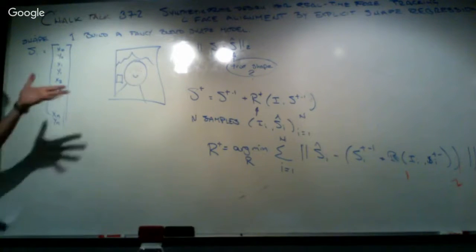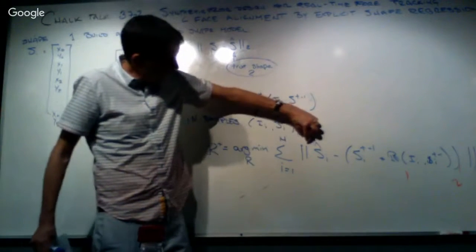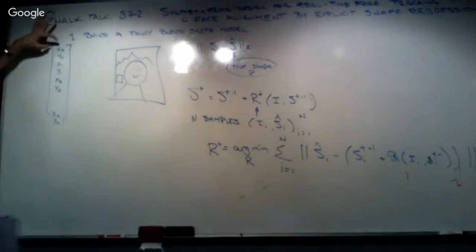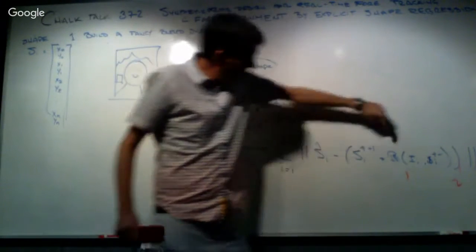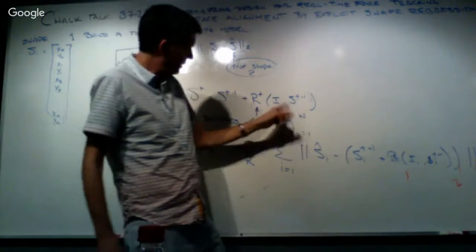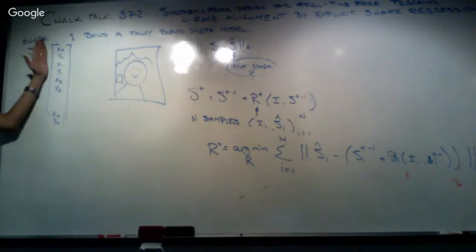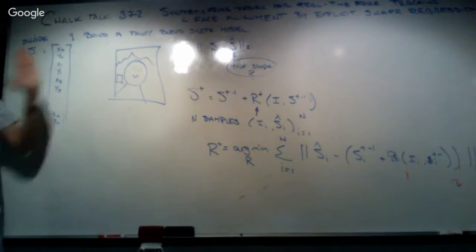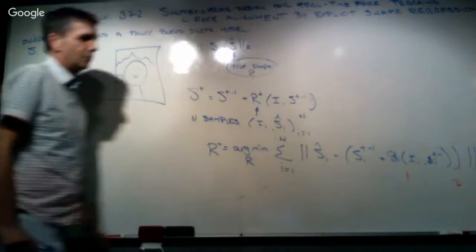All right, so that makes actually some sense. I mean, this is just a mathematical way of doing it. And the way they're comparing shapes is they're just taking this great big vector and then subtracting it from the shape that comes out of our magical equation here. So we subtract the current shape from the target shape. And then these bars here just mean the length of the vector that's resulting in that.